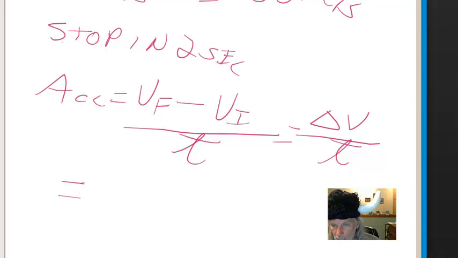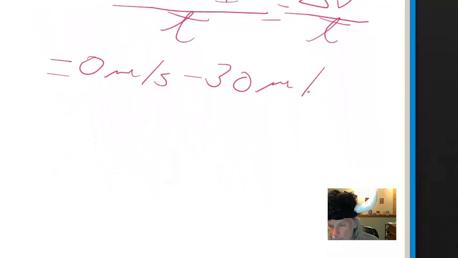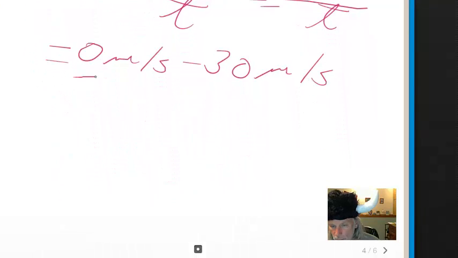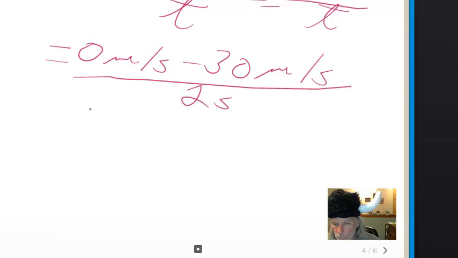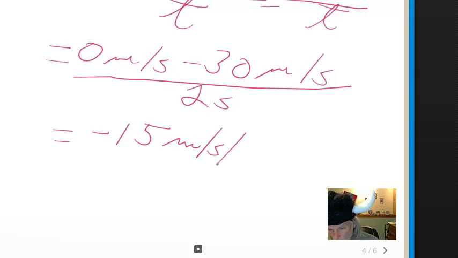Our final velocity is 0 meters per second. Initial was 30 meters per second. And it took us 2 seconds. If we do the math, 0 minus 30 is negative 30, divided by 2 is a negative 15 meters per second per second.